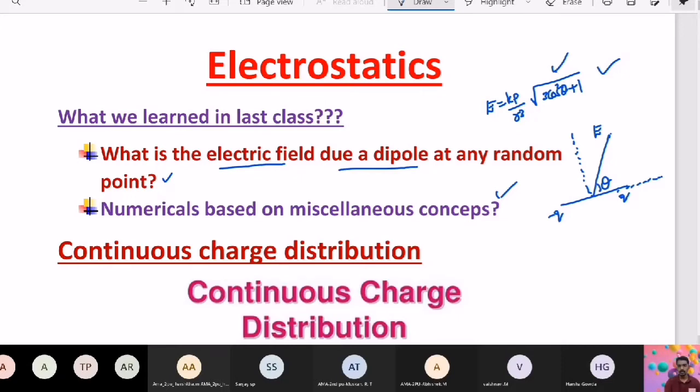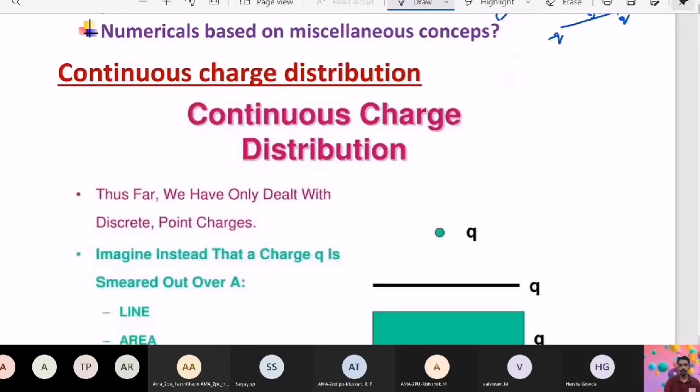Now, today what we are going to study is the first introduction of continuous charge. I will tell you in a simple manner. Till now, what we have studied is a point charge or a big charge, but the point from the body is very far, so we considered it as a point.